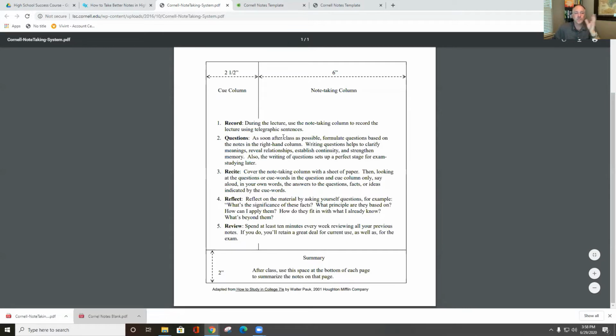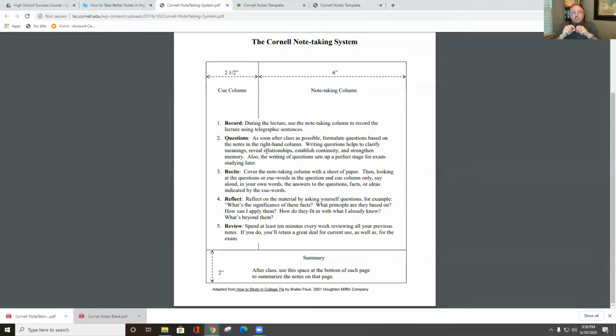On the left column during the lecture, according to the Cornell instructions, okay, it came from Cornell University, the left one is to basically take the key points of a lecture or the key points of what is in the textbook, okay? Everything you hear from an instructor, everything you read in a book does not necessarily need to be a note, right?